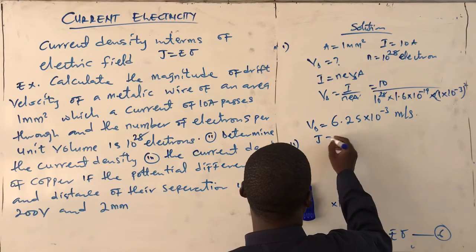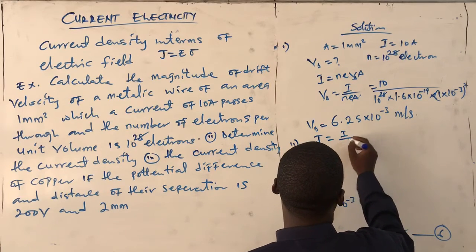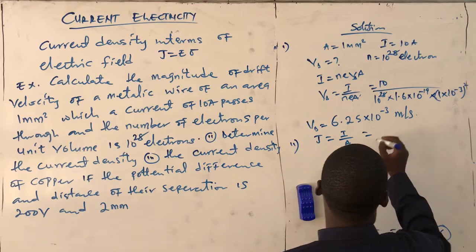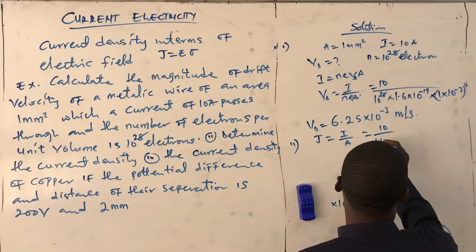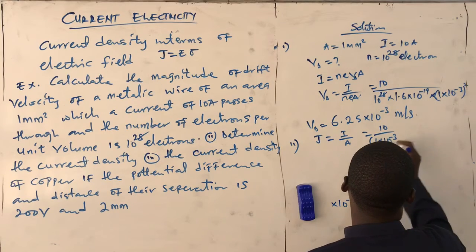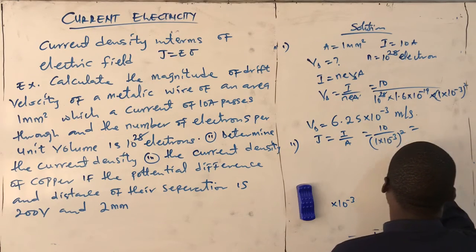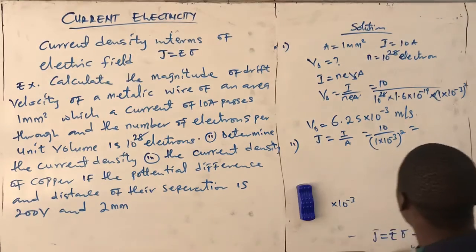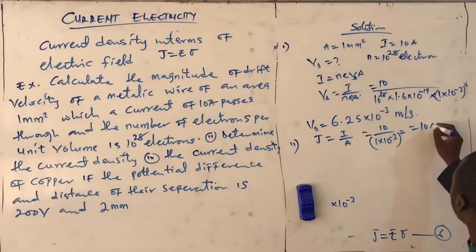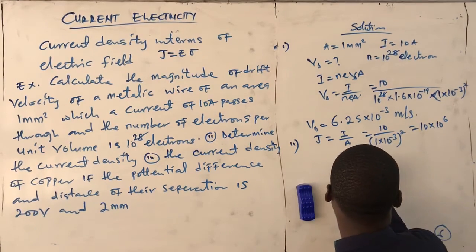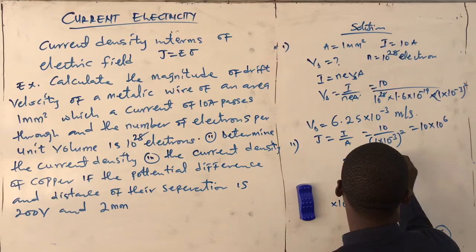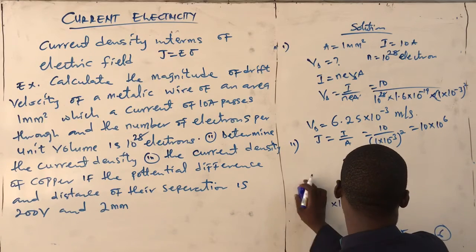The current density will just be I over A, which is equal to 10 divided by our area, 1 times 10 raised to power minus 3, squared, which is the same as 10 divided by 10 raised to power minus 6. When it comes out, it becomes 10 raised to power 6. Then our current density is equal to 10 raised to power 7 ampere per meter squared.